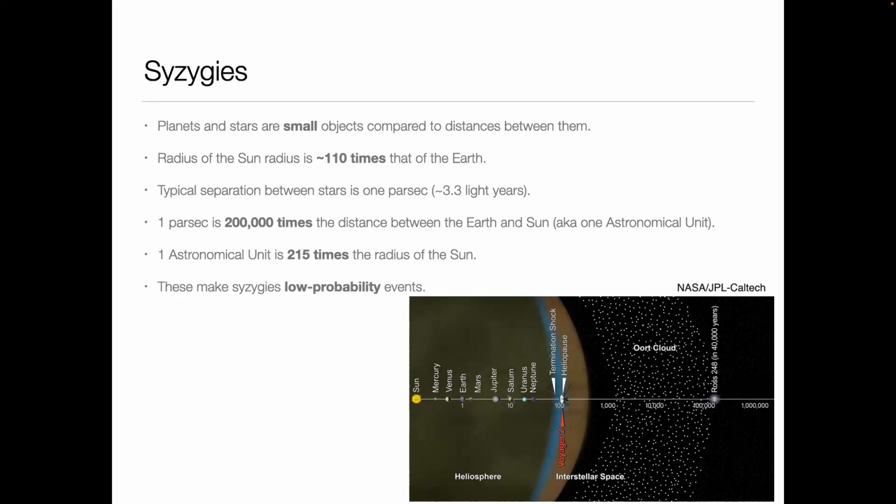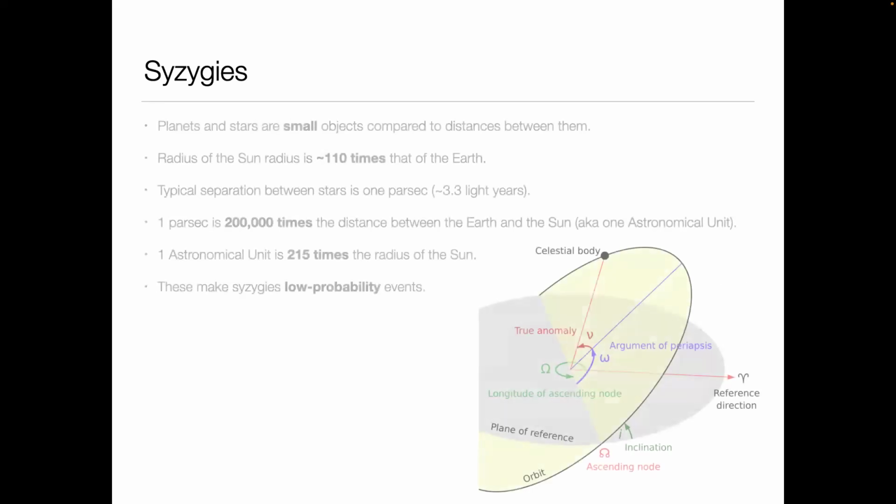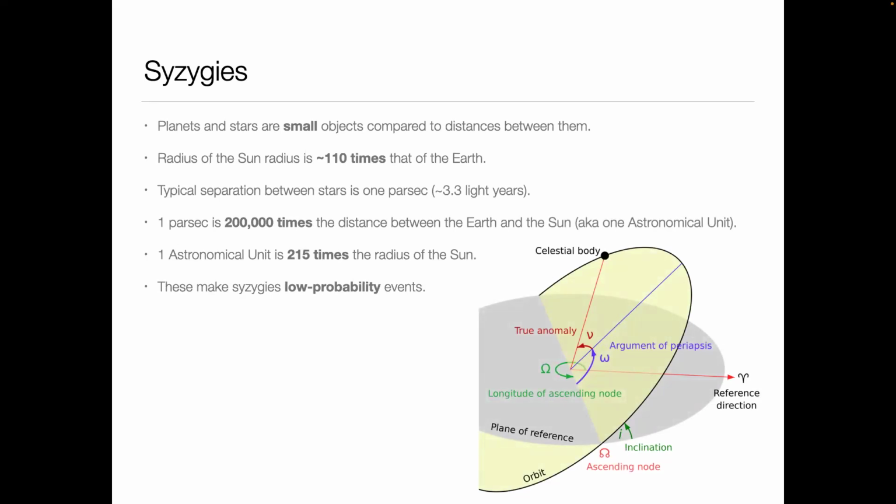So when you think about it, these are almost like points in a vast space. So for them to actually align along any line of sight, for a random observer, is very unlikely. There are certain situations where this actually can be realized. In fact, they get realized regularly. That's when you pick an observer reference frame.